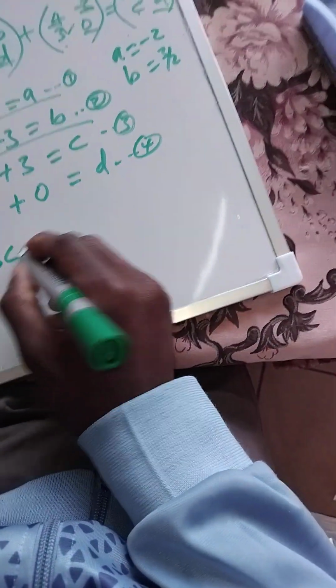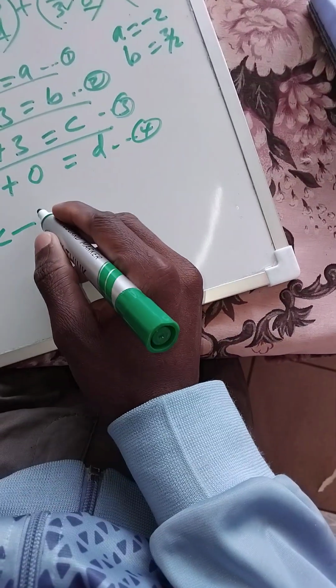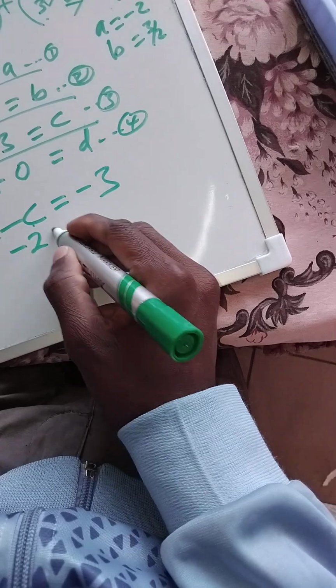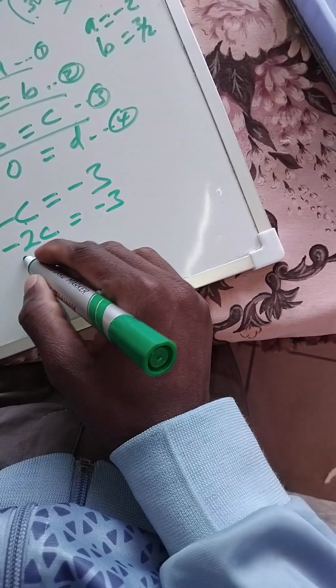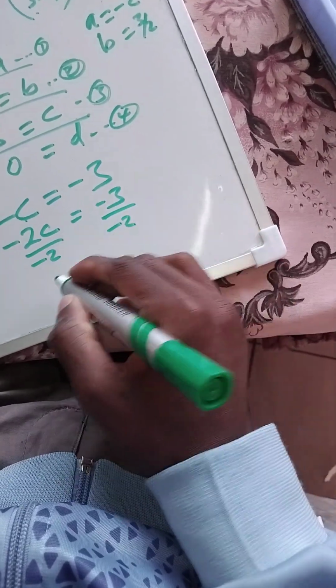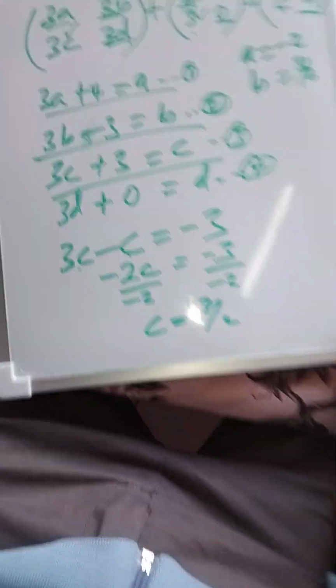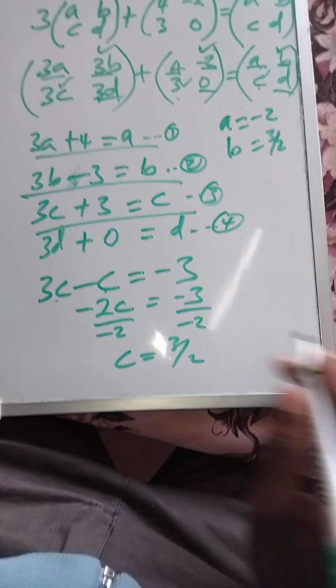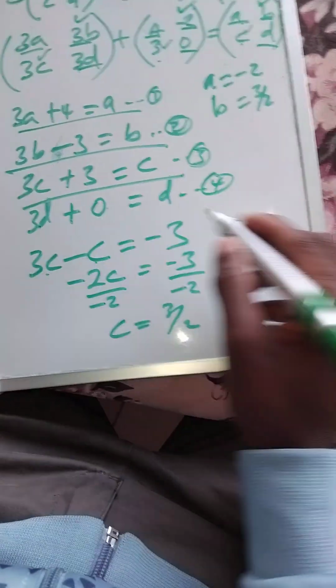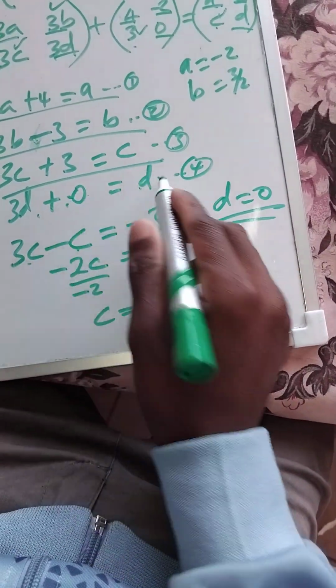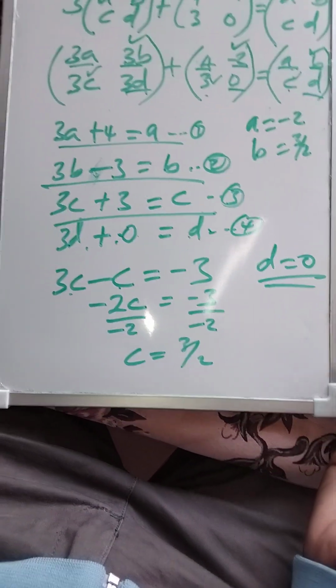Then 3c minus c is equal to minus 3, so 2c is minus 3, so c is equal to negative 3 over 2. And d is 0, since d goes to 0.